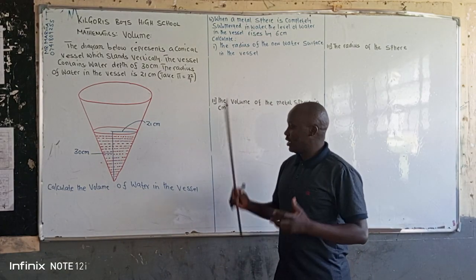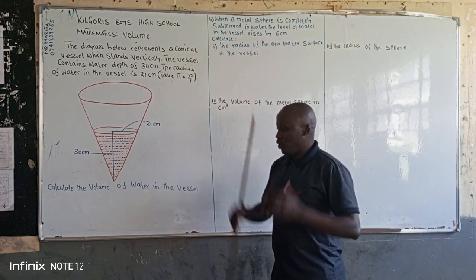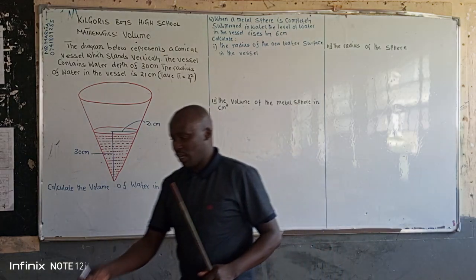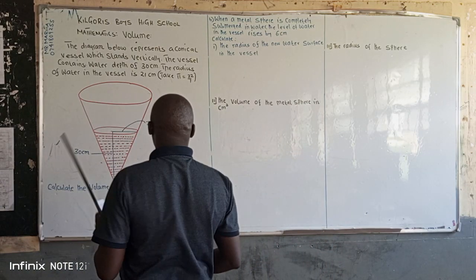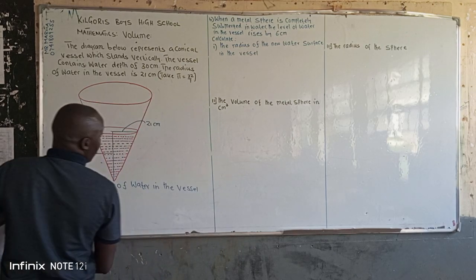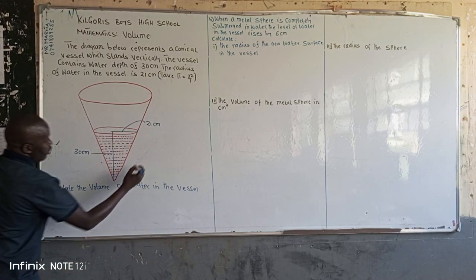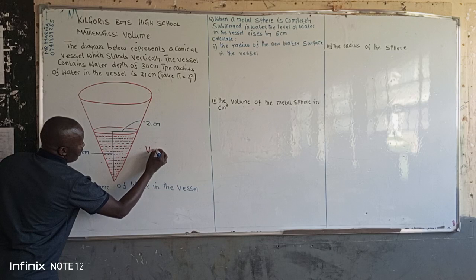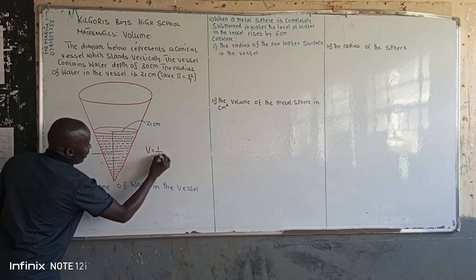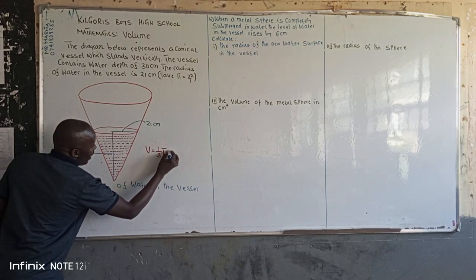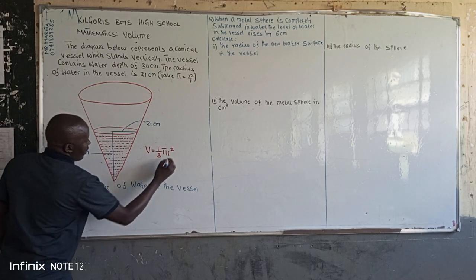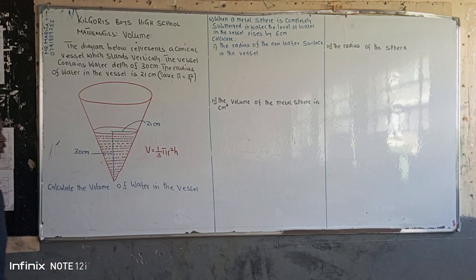So how do you calculate the volume of water in this facet? The volume of a cone is normally given by 1/3 pi r squared h.